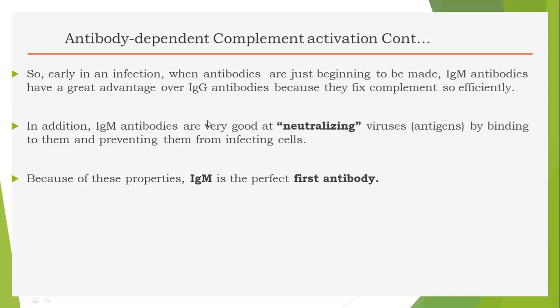So the IgM molecule itself, due to the number of antigen binding sites that it has, is able to bind a number of antigens, therefore bringing in a state of neutralization so that those antigens are not able to cause infection. And no wonder the IgM is always the first antibody to be released at the site of infection, because of its unique structure that we have just described.